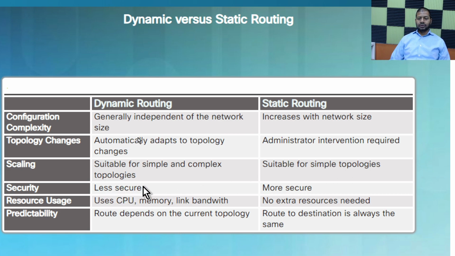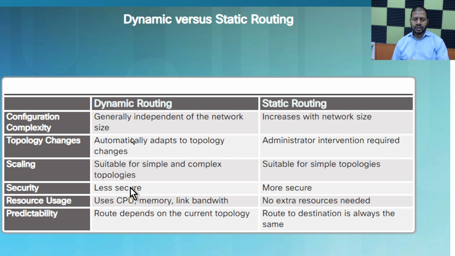Security. Now, dynamic routing is less secure. Static routing is more secure. In dynamic routing, since routers are talking to each other a lot and learning the routes by themselves, a hacker can make some changes, send some signals, pretending to be a router, and share information with your router, using the RIP protocol, OSPF protocol, whatever protocol you may be using, and give your router wrong information.